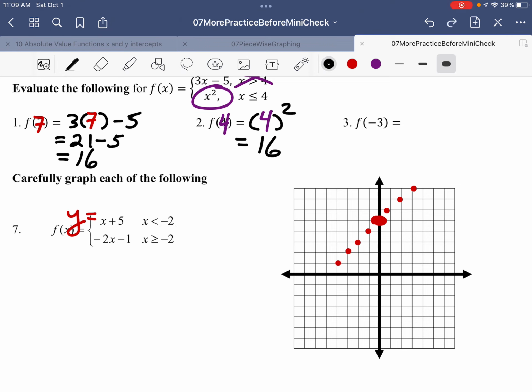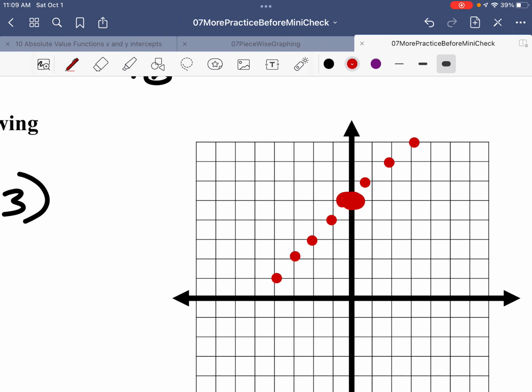Next, you're going to plug in the endpoint. You're going to plug in the x value of the endpoint. Now, when you do that, you end up with negative 2 plus 5. And of course, that's going to come out to be 3. What we're really saying is that you have the point negative 2, 3. Now that point is right here, negative 2, 3, which actually becomes the point of focus for this problem. I want to label it.